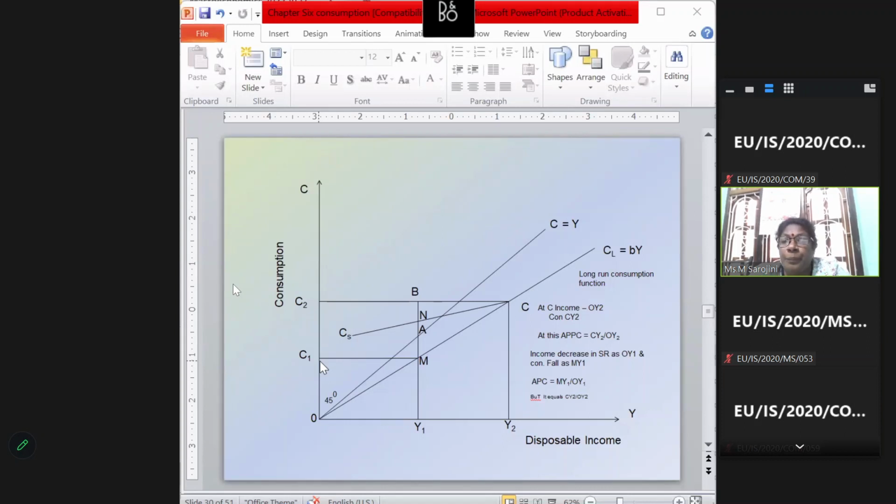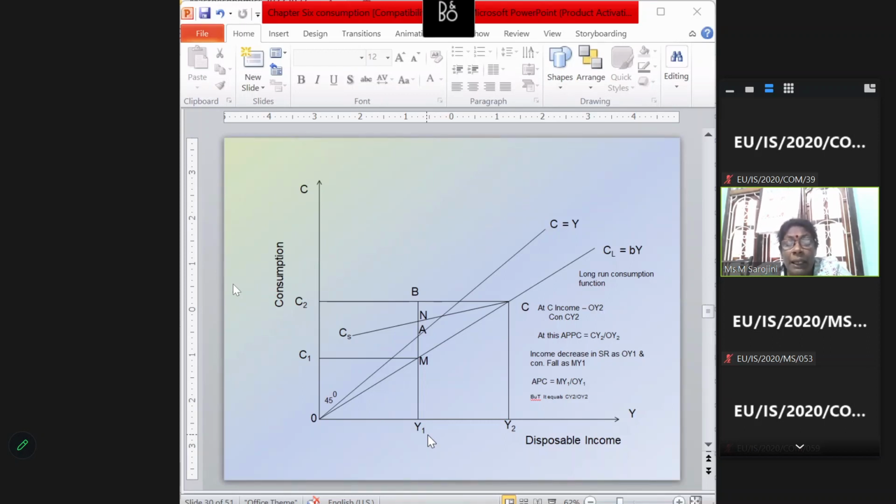And not to M but to N, right? Normally, this amount should decrease when the income decreases, but they decrease only to N. And according to this relative income hypothesis, again, the fall in household consumption due to the fall in income from Y2 to Y1 is lower.